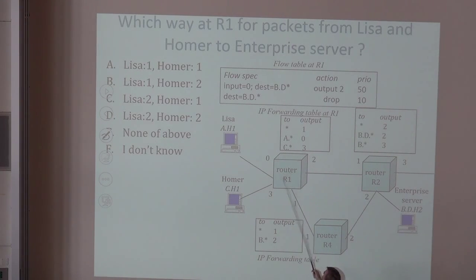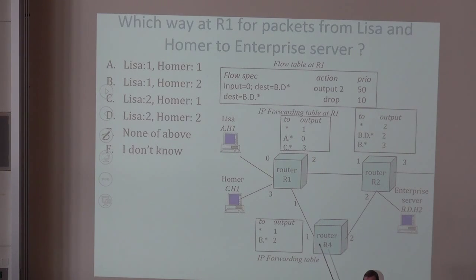The flow table typically has a flow spec that describes the flow. And then you can have any grep-like type of string. For example, here, the flow spec says input equals 0. So input is the name of an input; on Linux, it would be input equal ETH0, for example. Destination, that's the destination IP address, equal to b.d.anything.